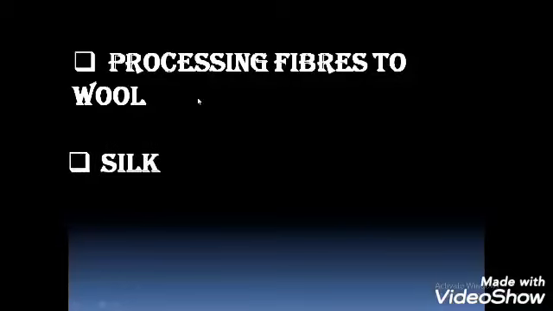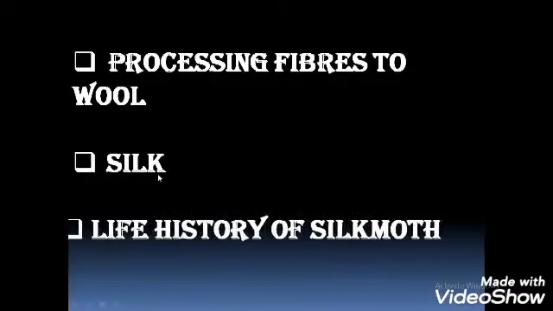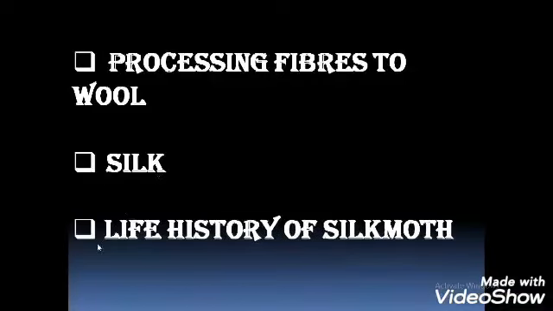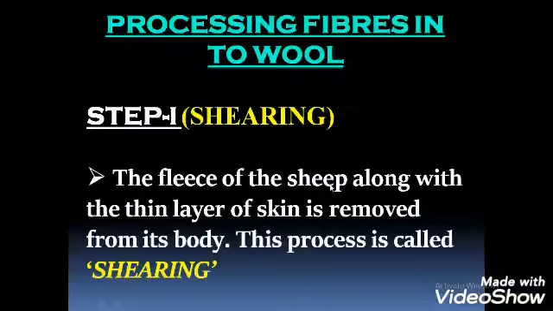Second, we discuss the second animal fiber, silk. Third and last, the life history of the silk moth. These are the three main points we are discussing in this video.